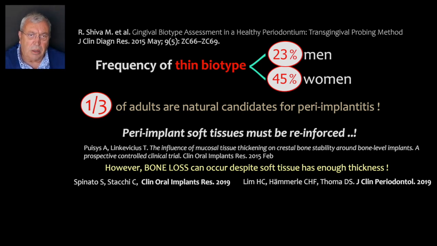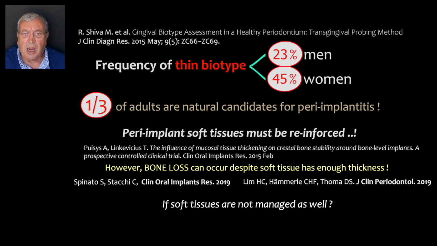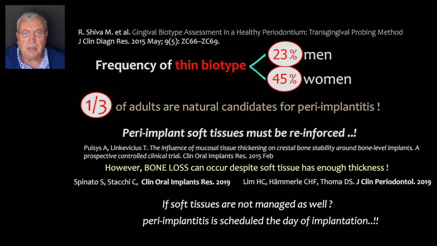So the conclusion is simple. If the soft tissue is not managed well in this kind of case, peri-implantitis will be scheduled the day of implantation. And this explains why we have so many peri-implantitis: the soft tissue is not managed well.